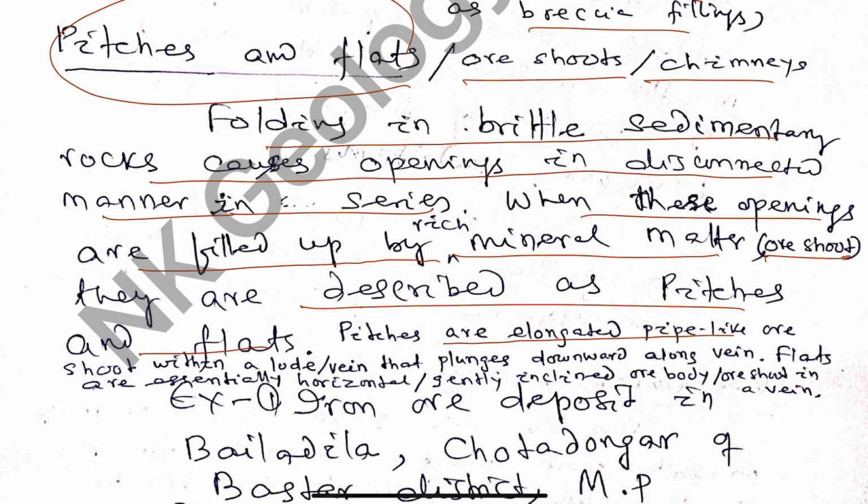Pitches are elongated pipe-like ore shoots within a lode or vein that plunge downwards along the vein. The flats are essentially horizontal, gently inclined ore bodies or ore shoots in a vein. So pitches are dipping, flats are more or less horizontal.